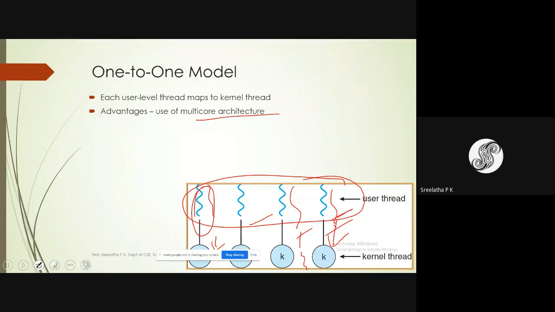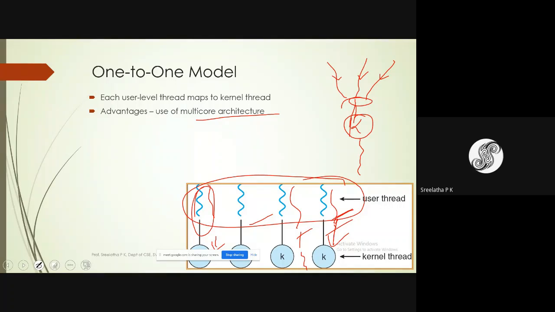For any request from a user thread, there is a particular kernel thread to serve it. Whereas in many to one, there is only one kernel thread. So it cannot use the multi-core architecture, because only the user level threads to some extent can use the multi-core.